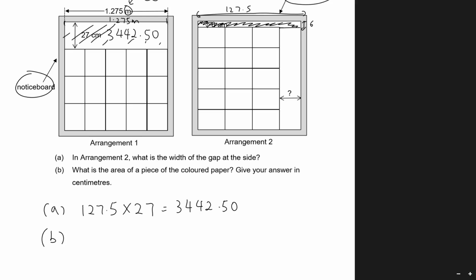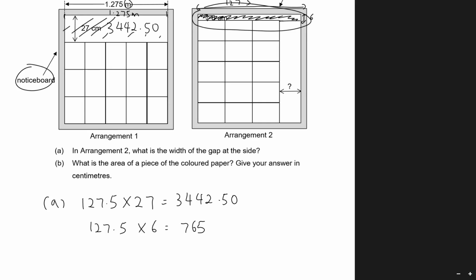It's still part A, by the way. We will have 127.5 times 6, which will give me 765. So the gap on top here is 765. Now, remember I said all the gaps will add up to 3442.5.